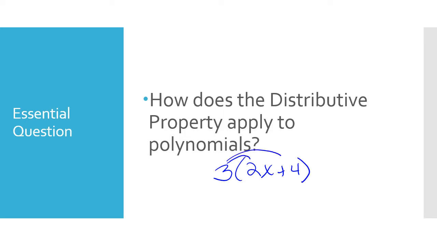Anytime you multiplied and got 6x plus 12, for example, you were taking this monomial, which just happens to be a purely numerical monomial, there are no variables, but it's a monomial nonetheless, and you multiplied it by this binomial inside the parentheses. So you've already been doing this.